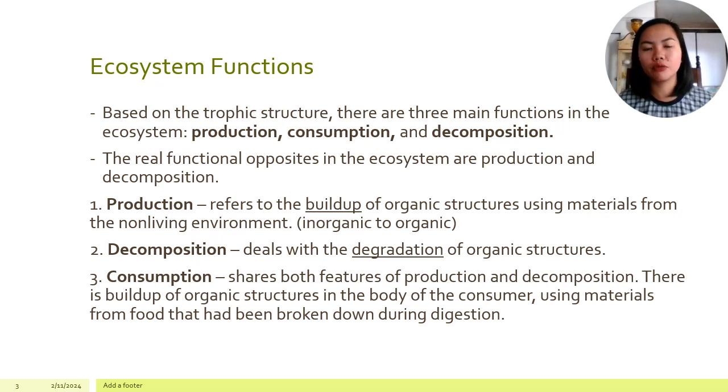By using the energy from the sun and raw materials such as water and carbon dioxide, plants convert them into organic nutrients or compounds that can be readily available to other organisms. So in production, where photosynthesis is the main function, there is a buildup of organic structures.